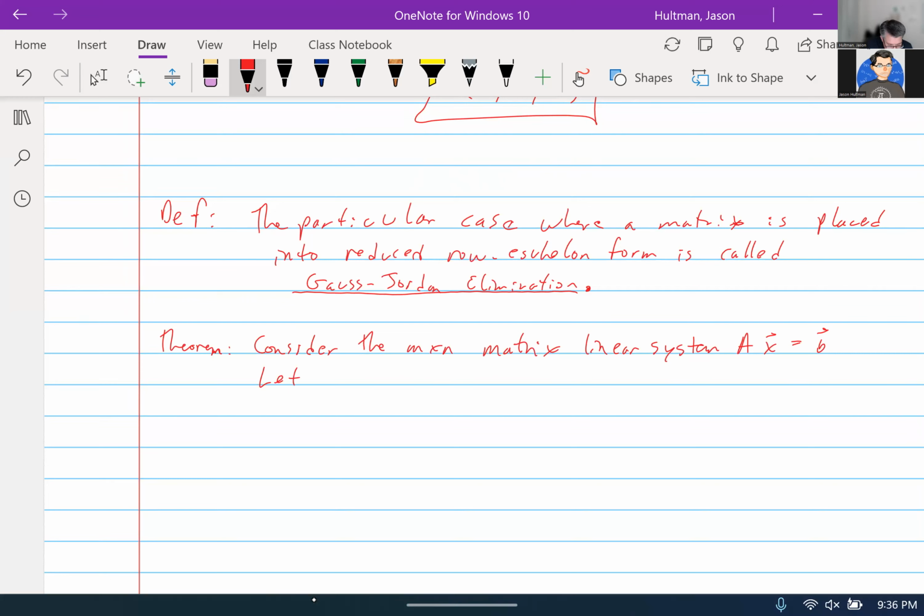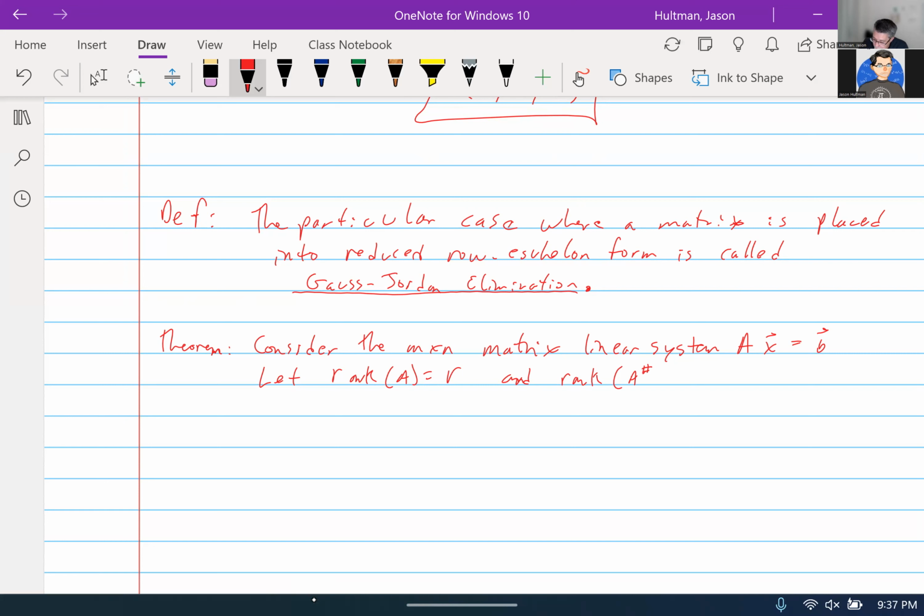Let the rank of A equal R, and the rank of A star, that's my augmented matrix. A is just my coefficient matrix, so keep that in mind.